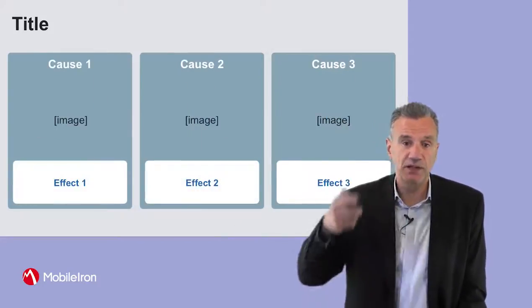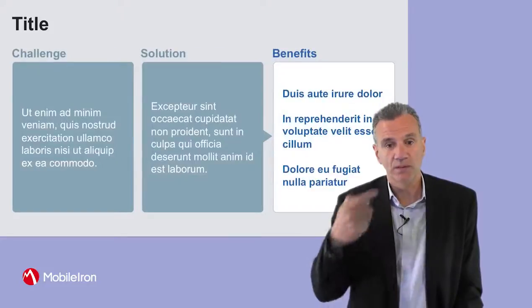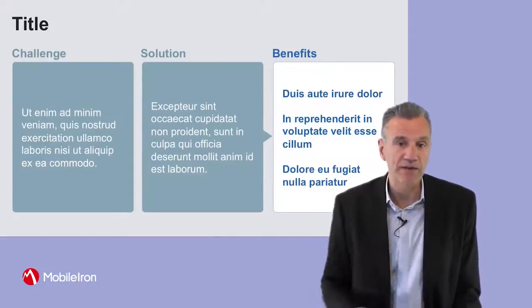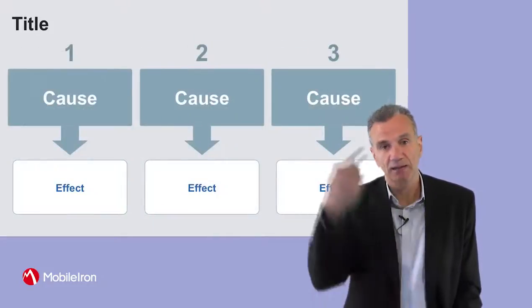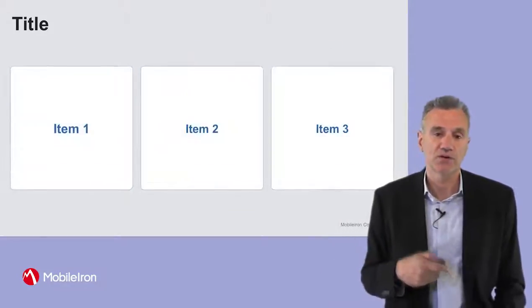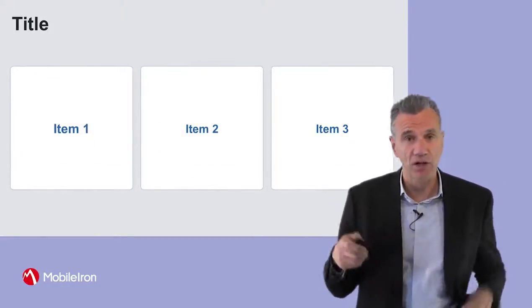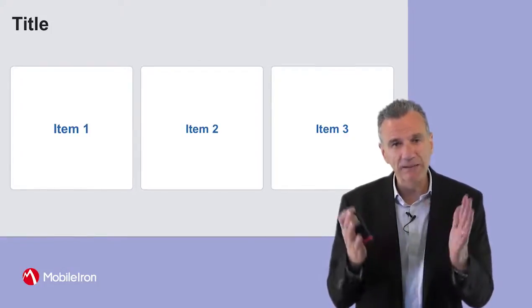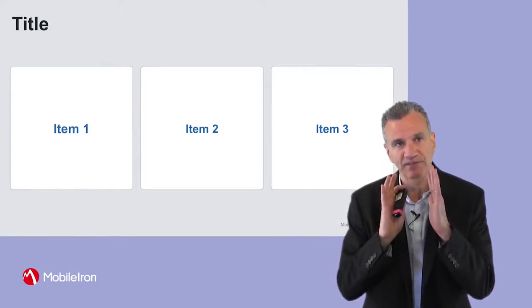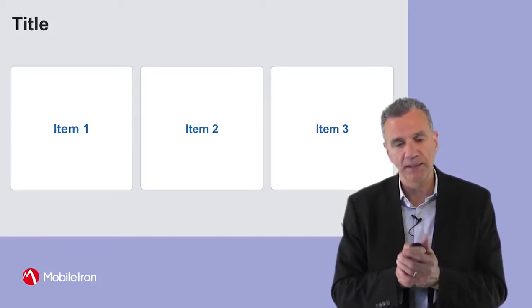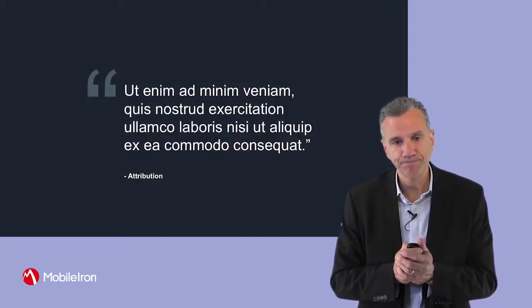We have the slide with the 3 cause and effect, the ones with challenge, solution, benefit, cause and effect, the top down, and so on and so forth. This will be a great help, and we're going to make it richer and richer, so that you have a lot of different pre-built slides that will facilitate the process of building amazing slides.